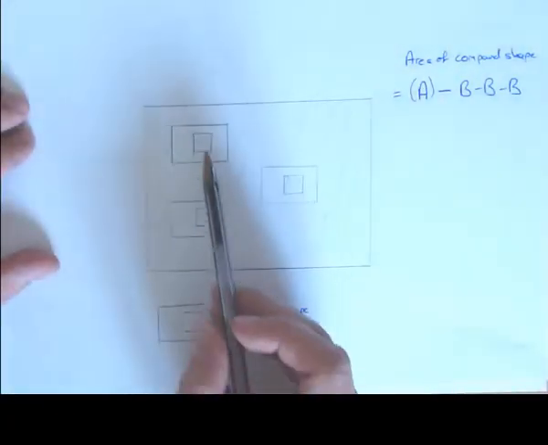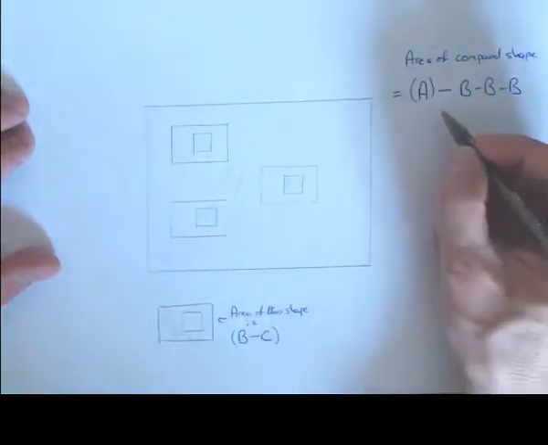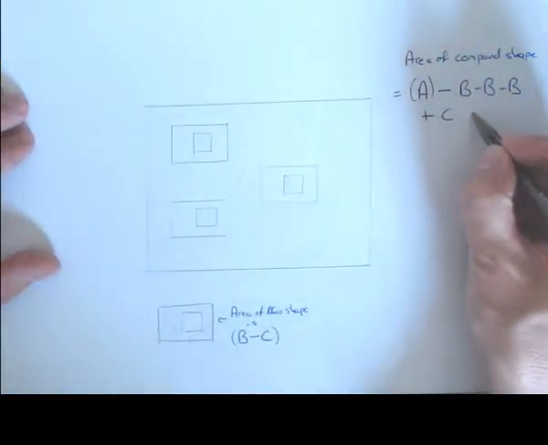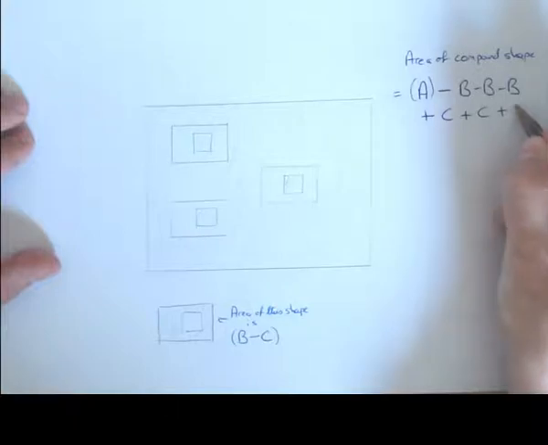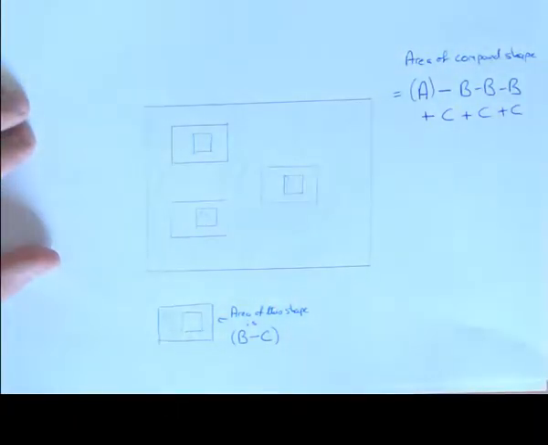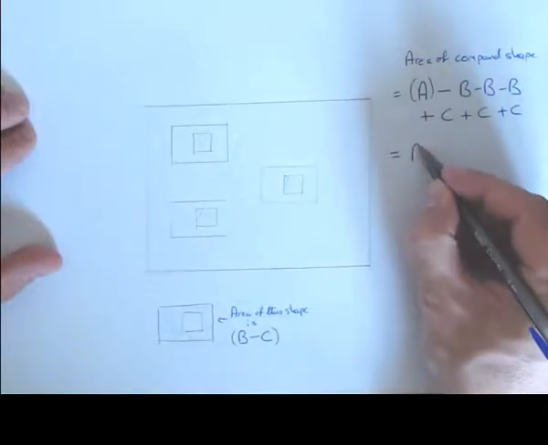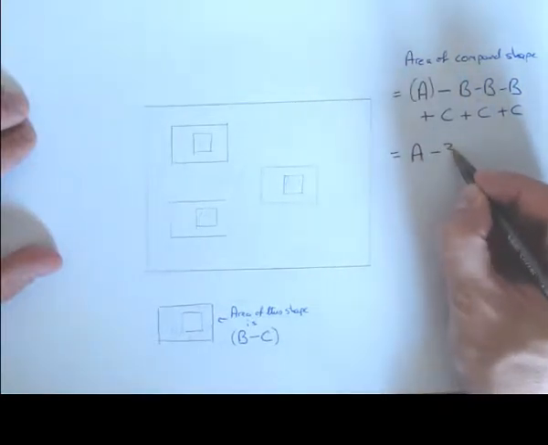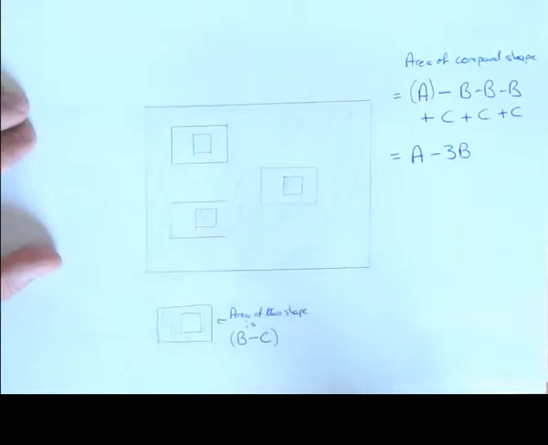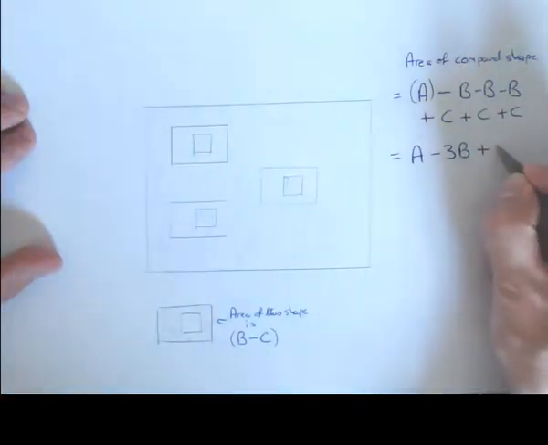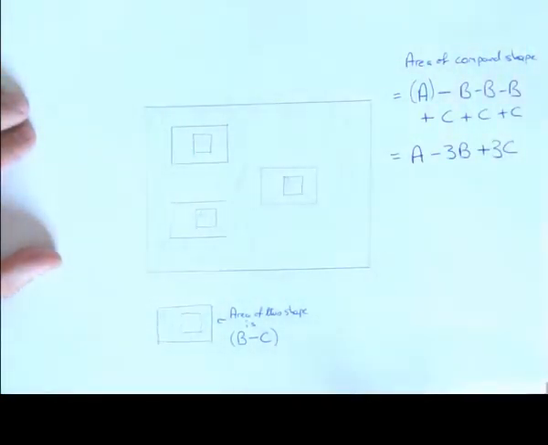And then we're going to add back in this little shaded square. So we're going to add in C 3 times. Now, instead of writing I take away B 3 times, it's easier to just say I have A and I take away 3 times the area of B. And then I add back in 3 times the area of C.